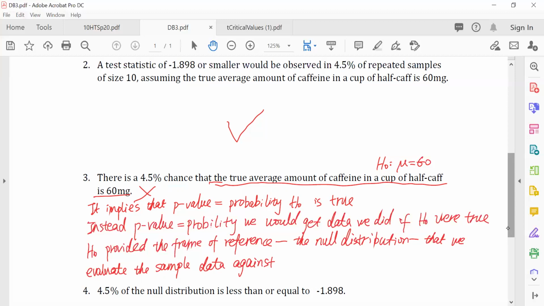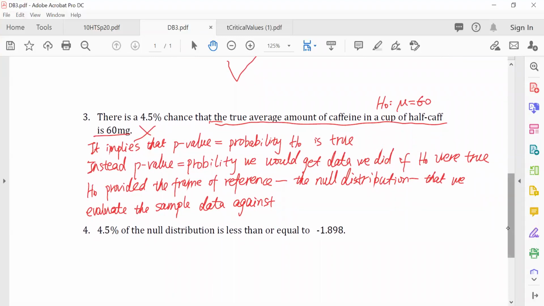We are trying to see if our sample data is quite reasonable to appear in this null distribution when H null is true, or it is kind of surprising under the null distribution when H null is true. Thus, we could determine whether we should reject or not reject H null.